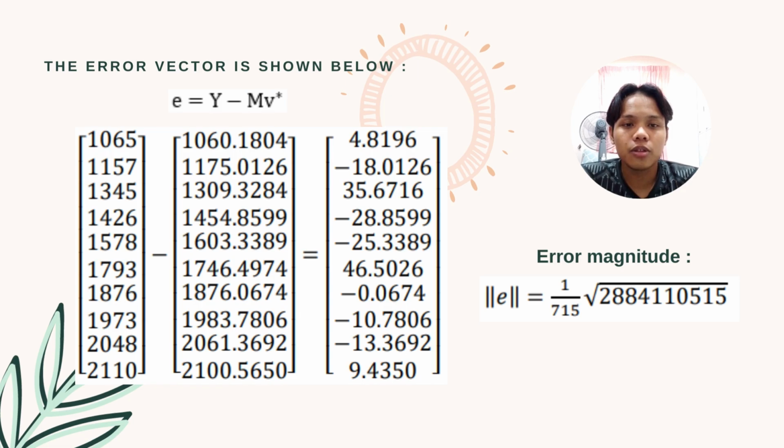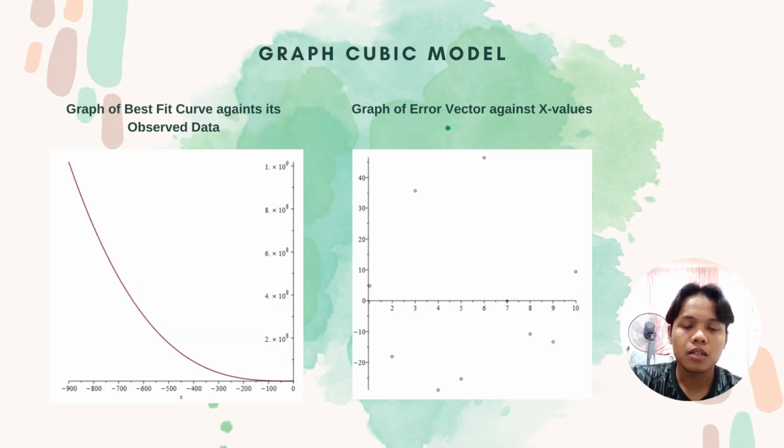The error magnitude is 1 over 715 2884110515. Now for the graphs of the cubic model, on the left hand side we have the graph of the best fit curve against its observed data, and the right hand side is the graph of the error vector against x values.